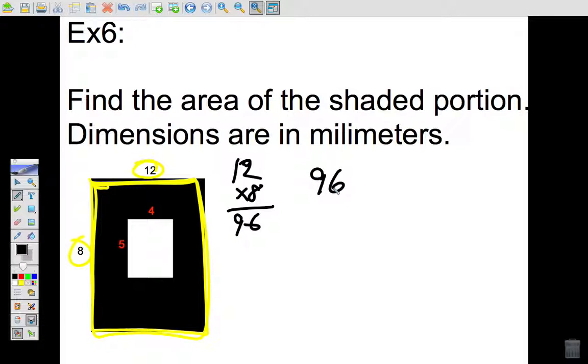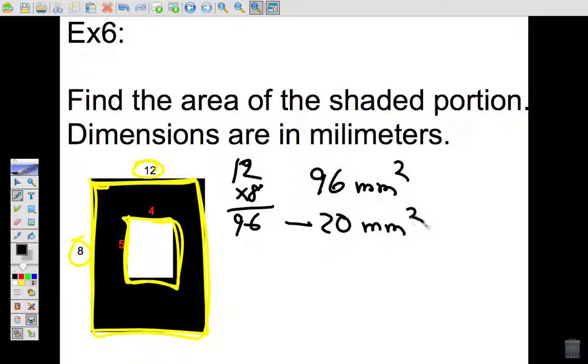So 96 millimeters squared. Now what do we do? Subtract the middle part. Subtract the area of the middle. It's 5 by 4, which is 20 millimeters squared. 76 millimeters squared is the area of the black, or the shaded area.